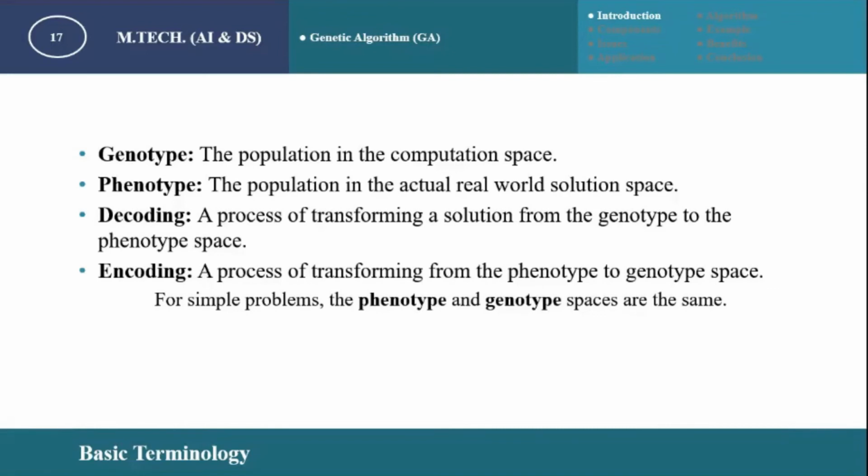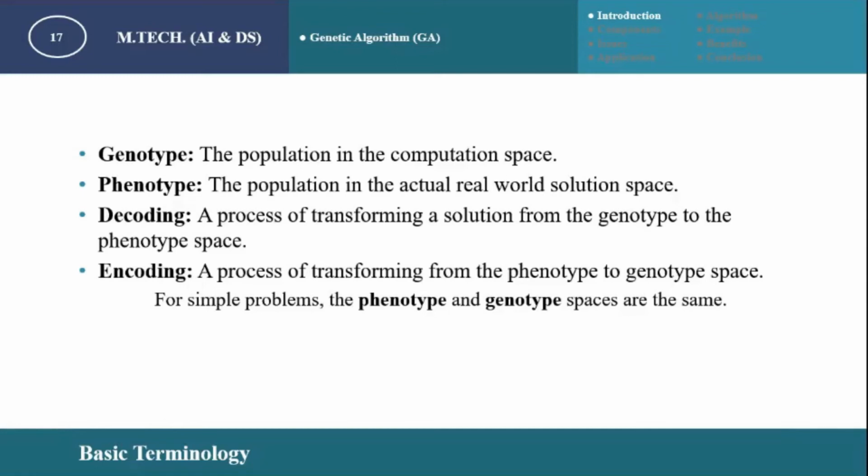For simple problems, the phenotype and the genotype spaces are the same. In the case of the traveling salesman problem, both represent almost the same thing, because the representation and explanation of the problem are simple.